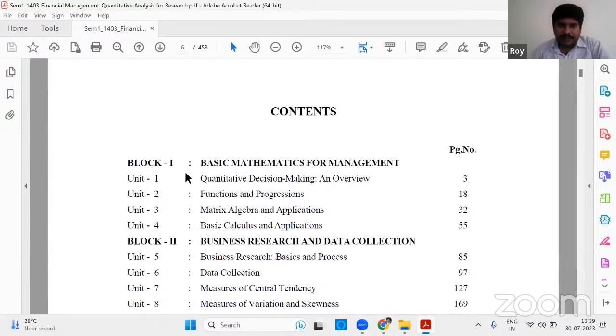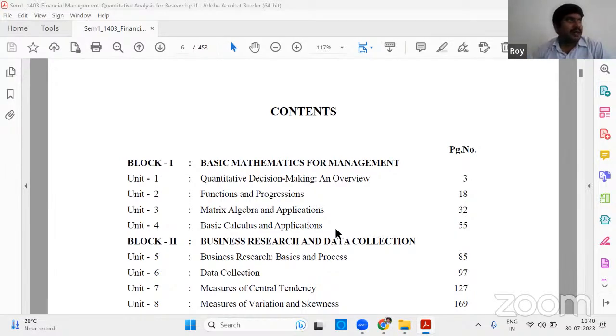First part is about the basic mathematics. In other words, this is business mathematics, which we generally teach for BBA students.